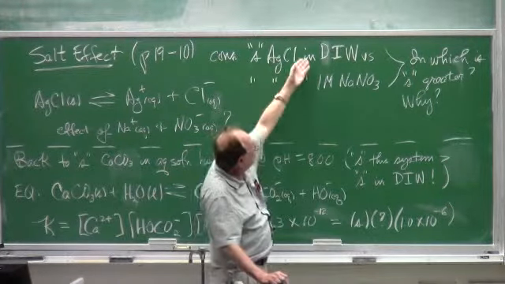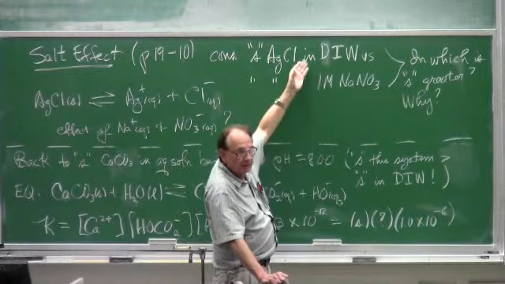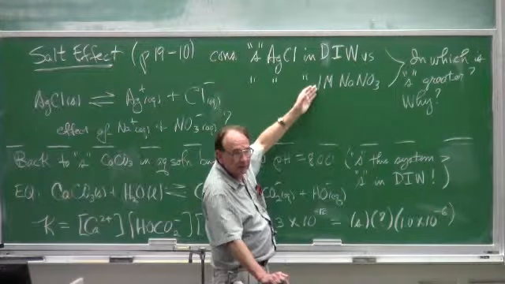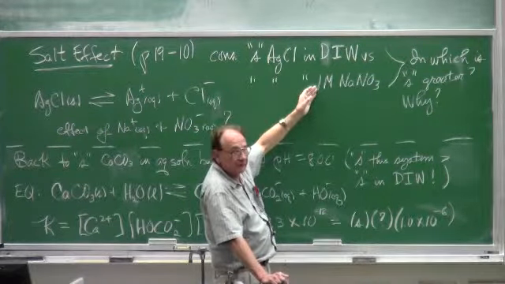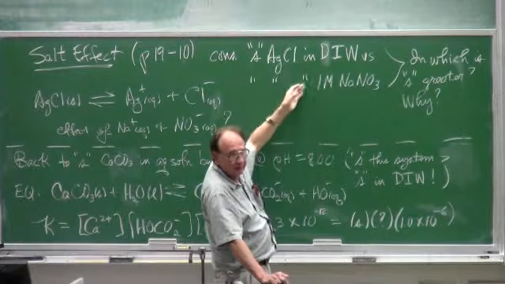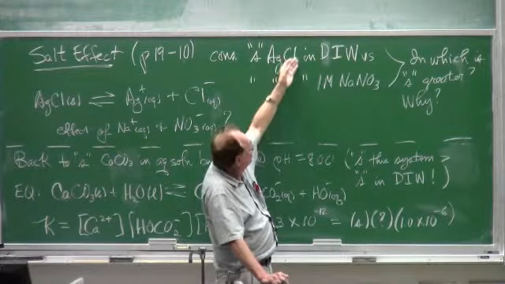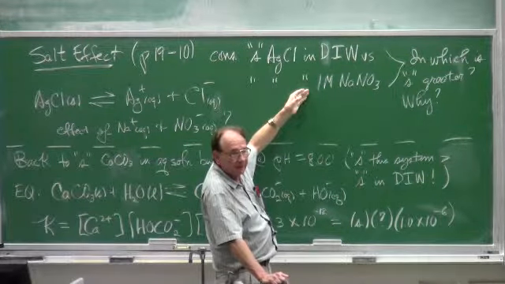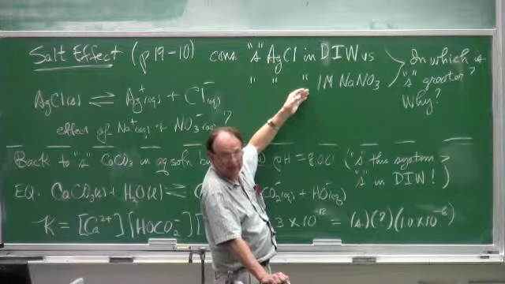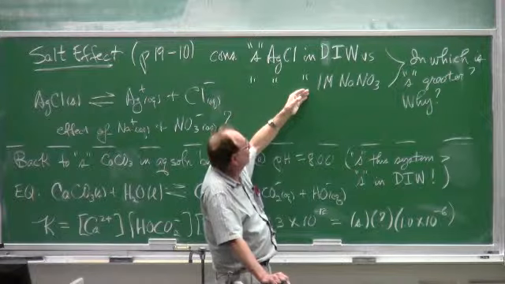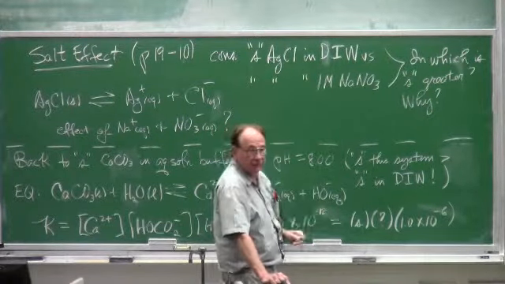In which of these systems, deionized water or 1 molar sodium nitrate solution, will the solubility of silver chloride be greater? Or is it the case that the solubility of silver chloride is the same in each system? Well, number one, the solubility of silver chloride is much different, this system versus this system. Number two, observations of solubility, making measurements from experiments in the laboratory, would show us S silver chloride is much greater in the sodium nitrate solution.